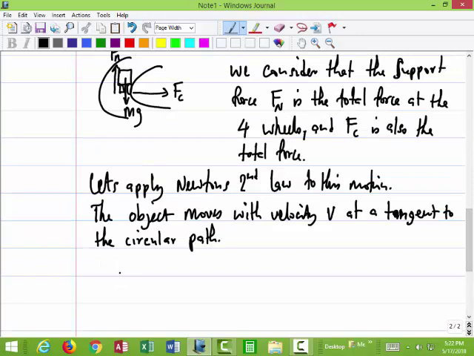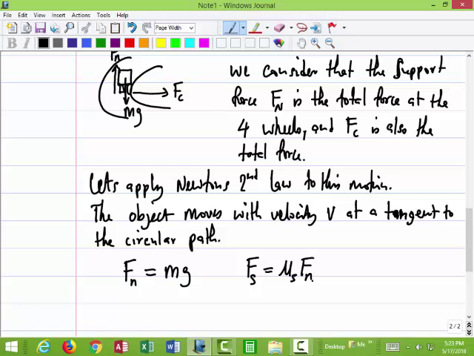The forces present are the support force Fn, which is equal to the weight mg, and then the frictional forces. There is a frictional force at each wheel, which is a static frictional force, equal to mu s times Fn.